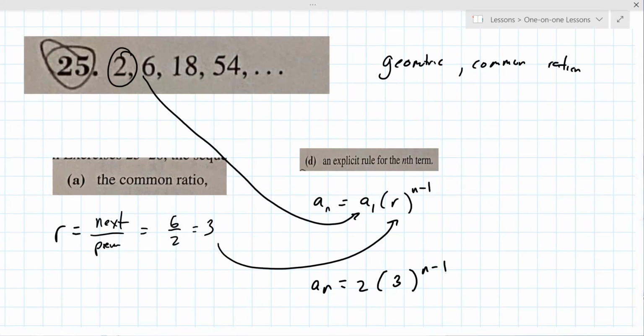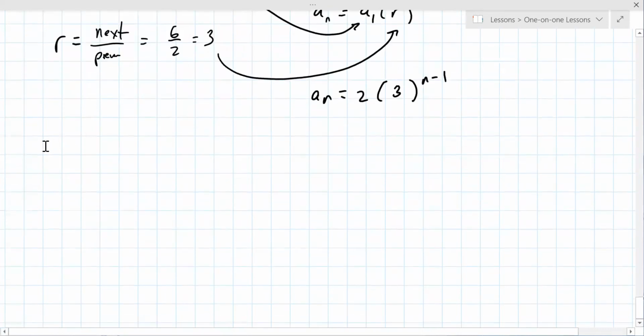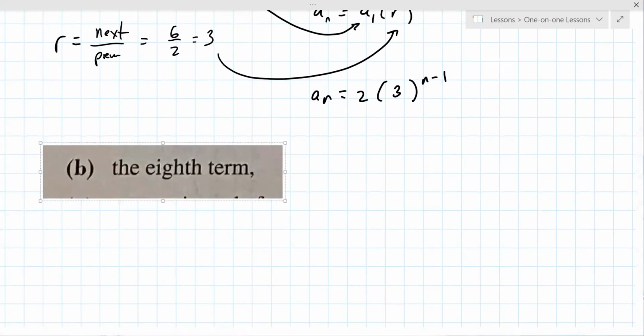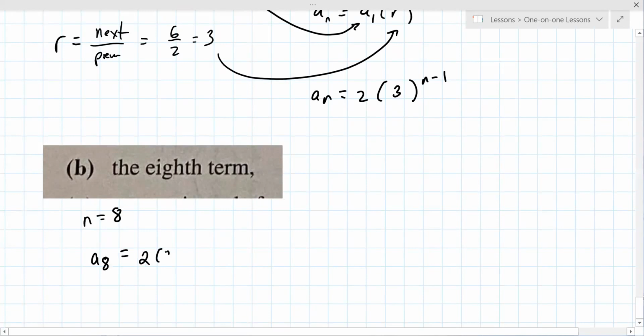You find the rule so that you can do what they ask in part B, the 8th term. So the 8th term here is when n equals 8, so a sub 8 equals 2 times 3 to the 8 minus 1 power.